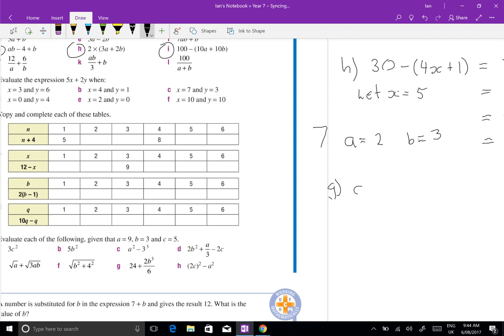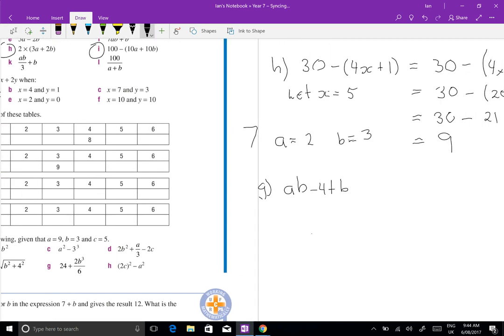I've got AB minus 4 plus B. Well, remember that's A times B. So when I let A equal 2, I'm going to get 2 times B equals 3, minus 4 plus another B, 3. 2 times 3 is 6 minus 4 plus 3. 6 minus 4 is 2 plus 3 equals 5. I hope none of you added the 3 and the 4 first. Remember, order of operations, we do them as we see them going across the page.